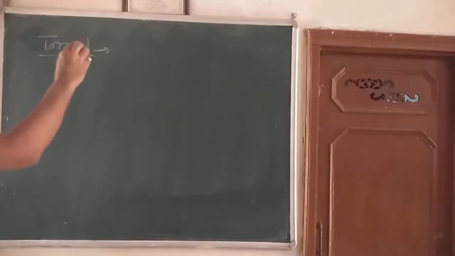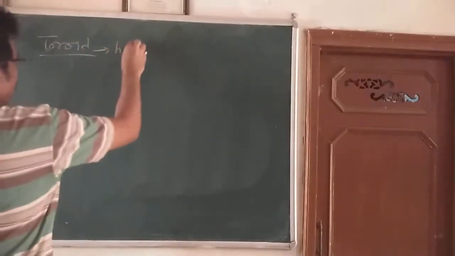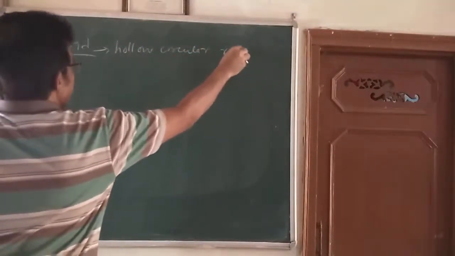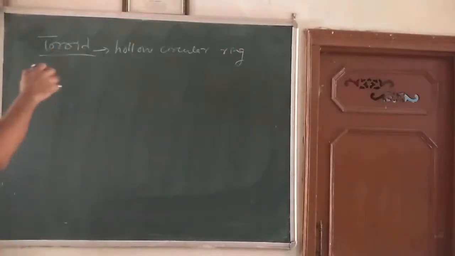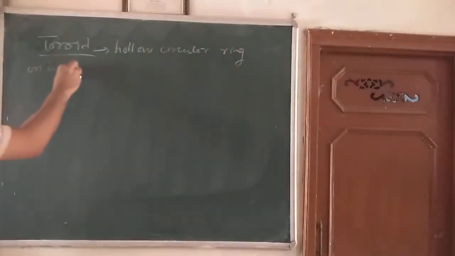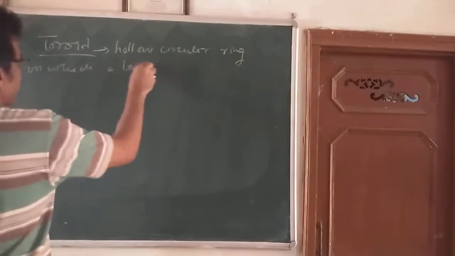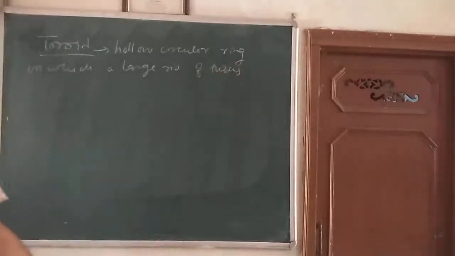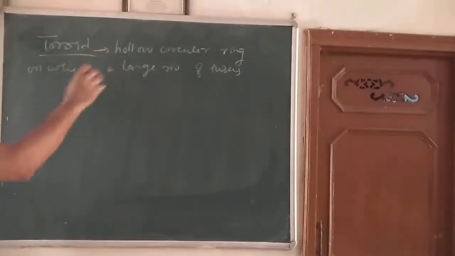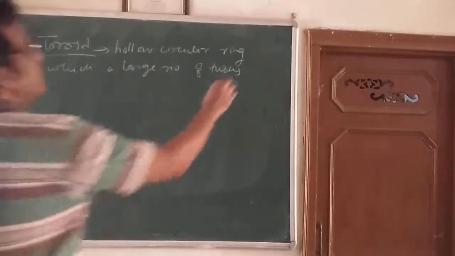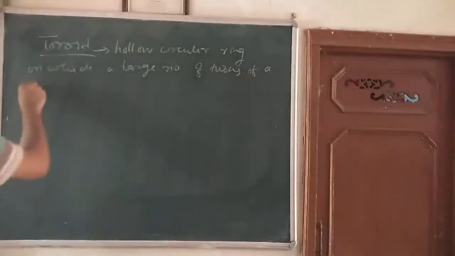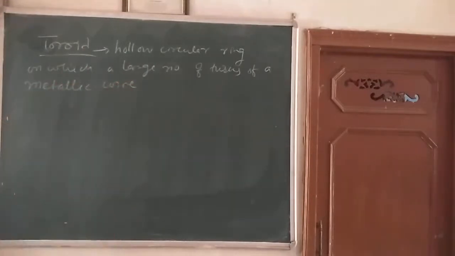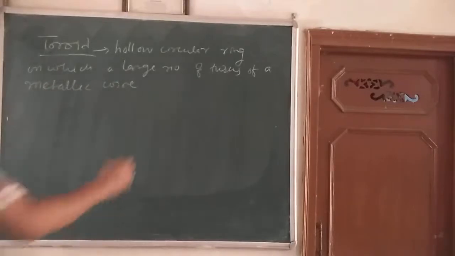A toroid is a hollow circular ring on which a large number of turns, often copper wire or a metallic wire, are closely wound.